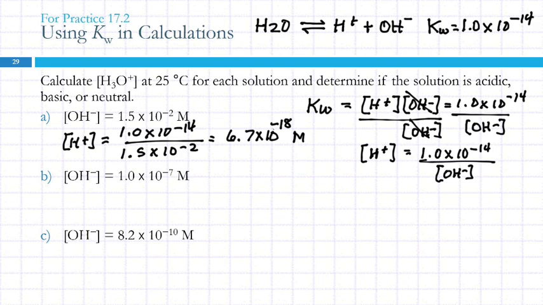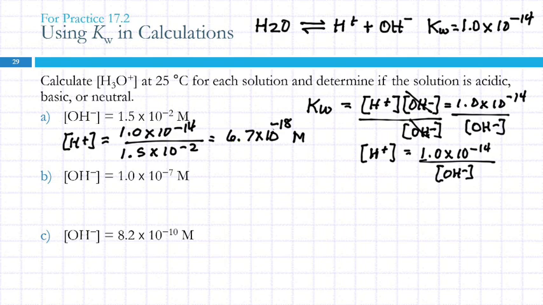That's pretty simple math compared to chapter 16. Is this solution acidic or basic? It's basic. We determine that by looking at which of these is there more of. The hydroxide ion concentration is larger than the hydrogen ion or hydronium ion concentration.